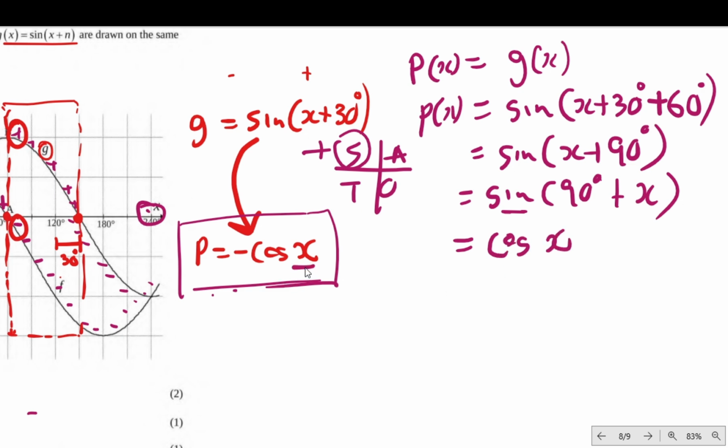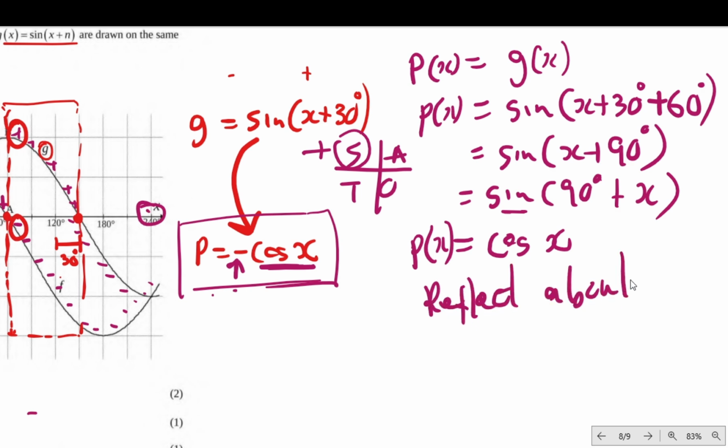So we've achieved this small part, but now we want to achieve this negative. How can we get this negative? One way to get this negative is if we reflect the function about the x-axis. When you reflect a function about the x-axis, the y values become negative.